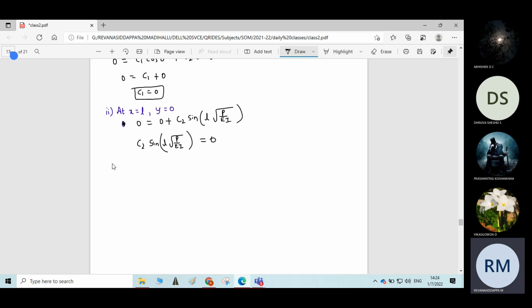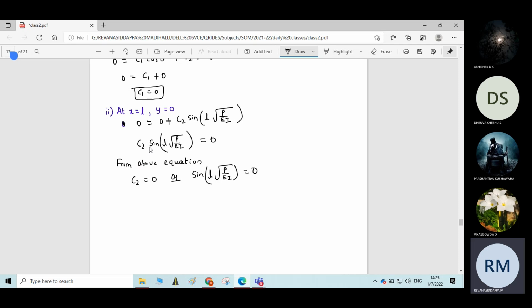From the above equation, either C2 must be equal to 0, or the second term, sine of L root of P by EI, must be equal to 0.